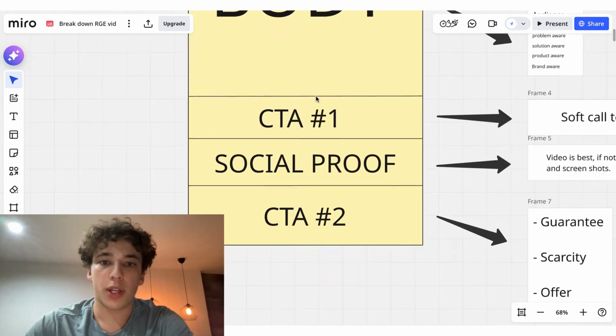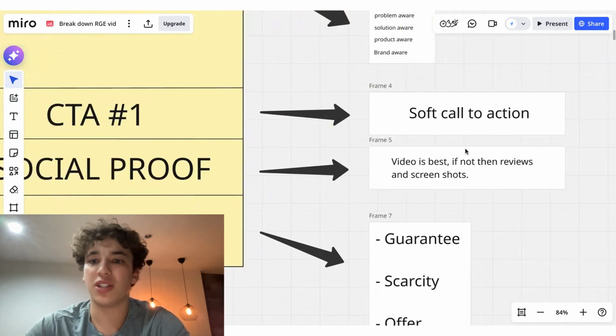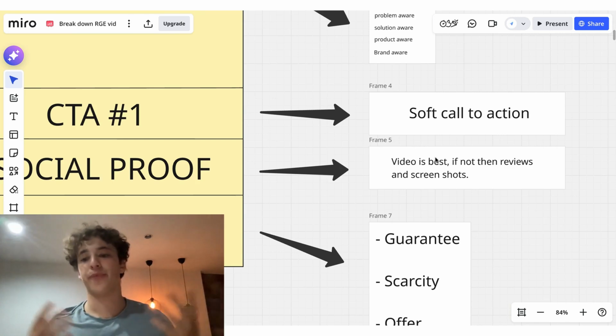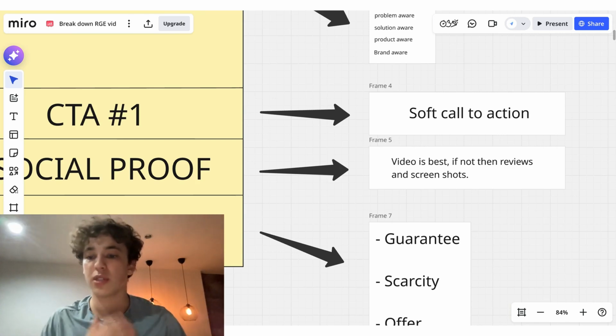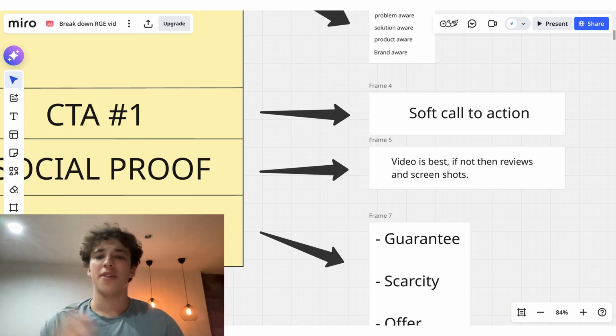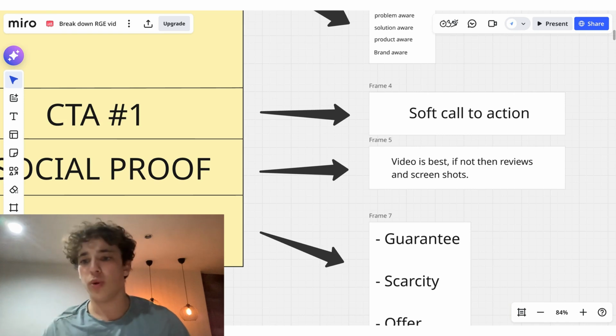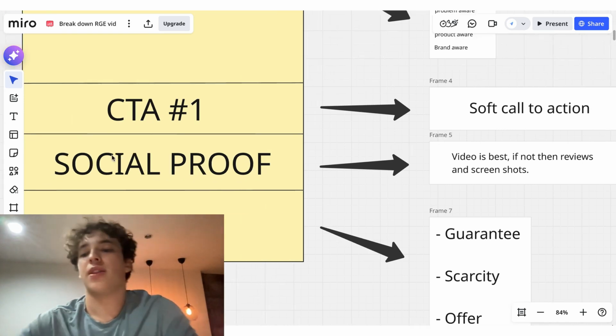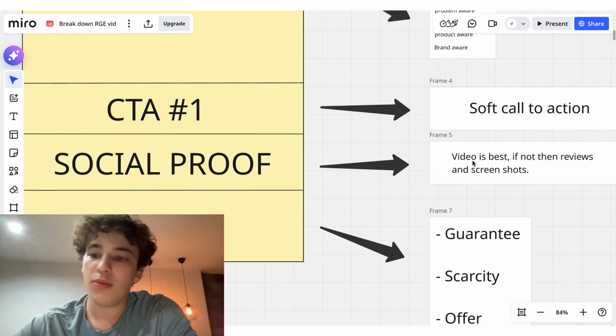So after the body, call to action one, you're going to do a simple, soft call to action about your business, or it doesn't have to be about your business, about your product, how it's super cool, what it does, that you are the only one that does this in the niche or in the space. Then you're going to build social proof.